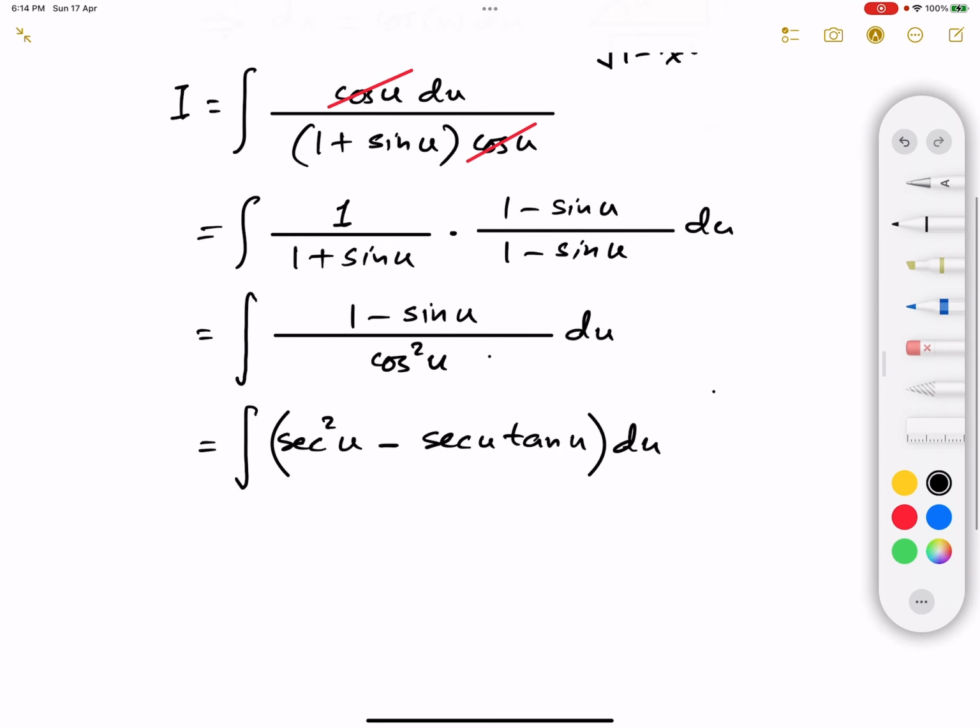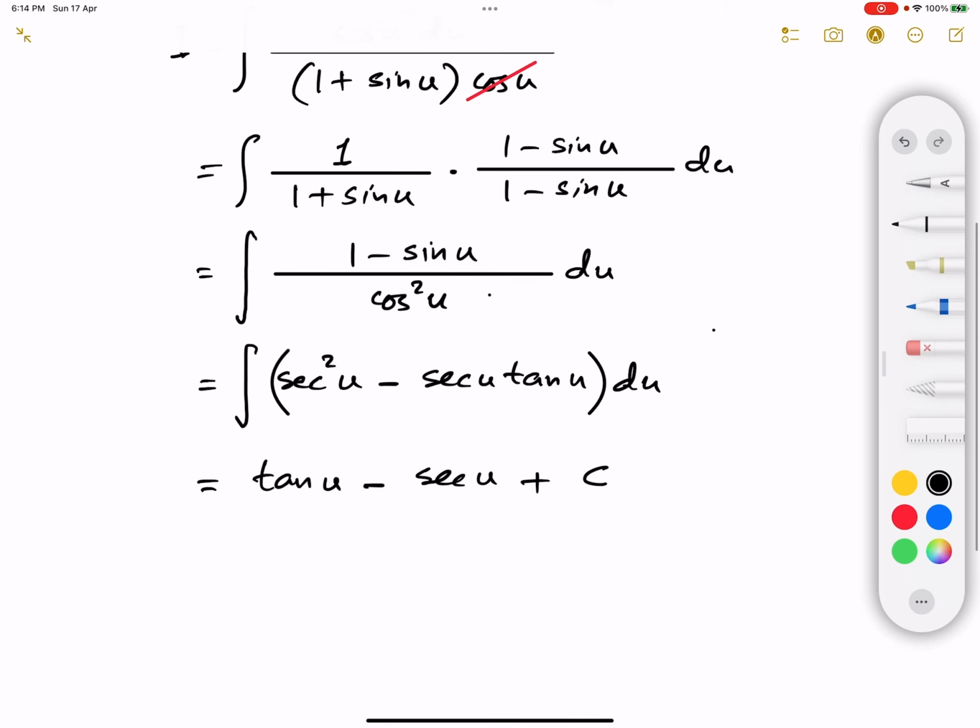This has become very easy and straightforward now. What is the integration of secant squared? It's nothing but tangent. So the first term is going to give us tangent of u minus secant u, since the integral of secant u tangent u is secant u, and don't forget the integration constant c.